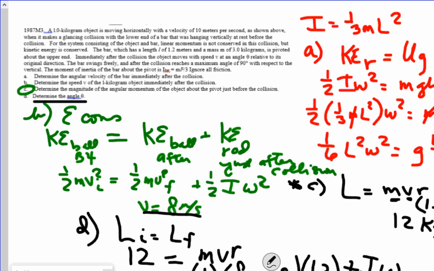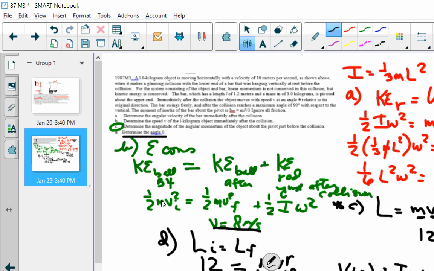The reason I like to give this problem is because I want you to see an example where there is this weird little point mass coming out of nowhere and wreaking havoc, and you have to figure out what's going on with it. Too many times what I see as a teacher is you guys trying to take your linear momentum and smack it into an angular momentum.